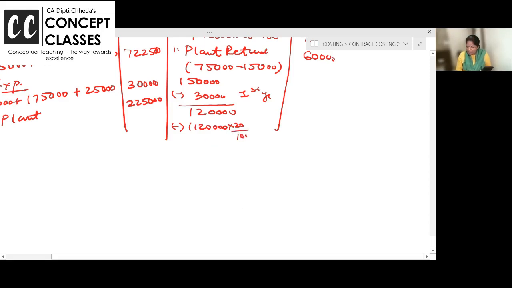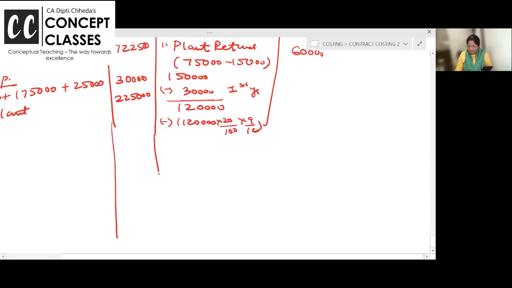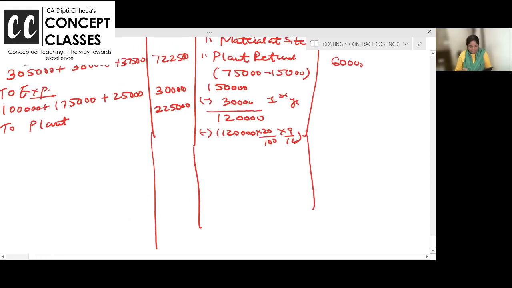That's why in 120, 20%, 9 by 12. How much is it coming? Second year's depreciation? 18,000. So after depreciation, what is the value? 1,02,000 is the value.